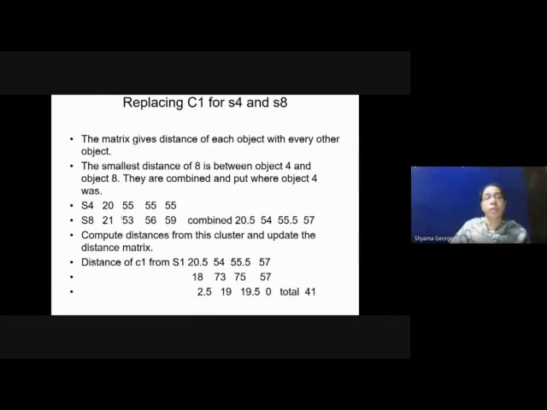Similarly, for 55 and 53, you can replace it by 54. 55 and 56 you can replace by 55.5, and 55 and 59 it is 57. So this is the combined value, and now you can find the distance of all other objects from this value, and you can rewrite the distance matrix.